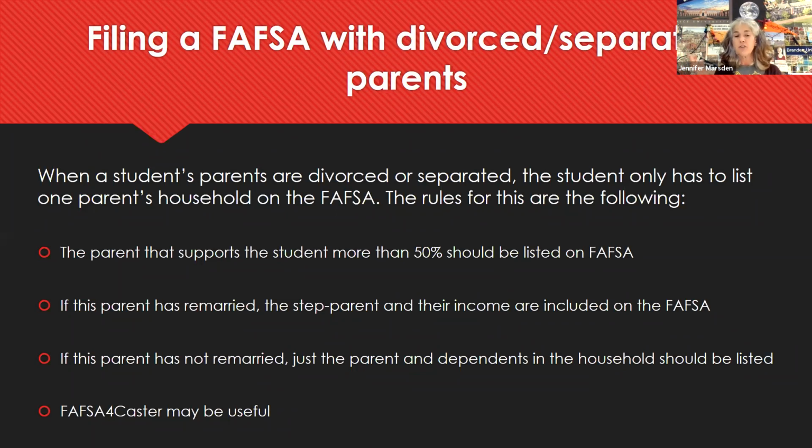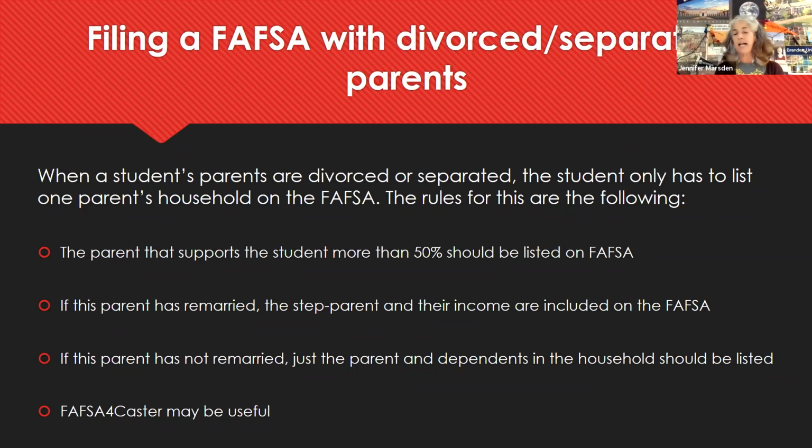So if you're in a situation where your student has two households of parents and you're not sure which family is the best household to use, there's the FAFSA Forecaster there at the bottom. It's a tool on the FAFSA website. If you Google FAFSA Forecaster, you can find it. Both parents can go ahead and do that. I want to keep track of the time so I don't go over.